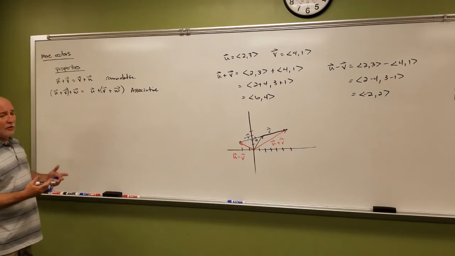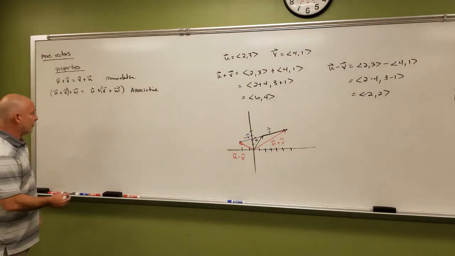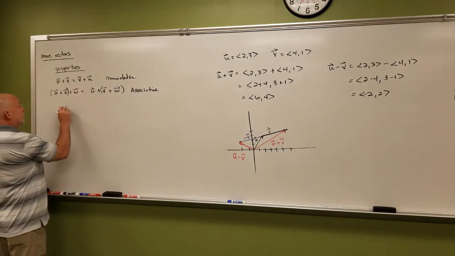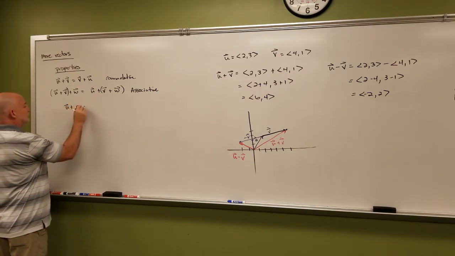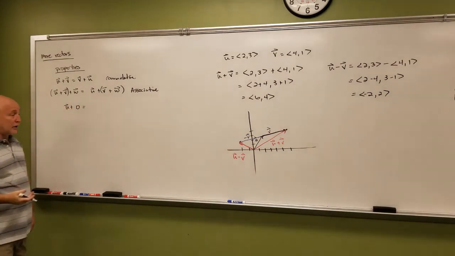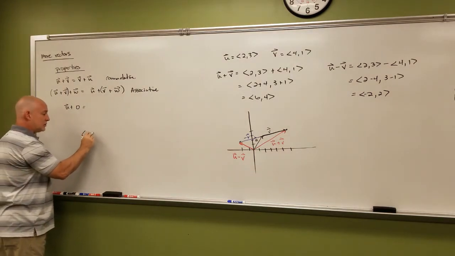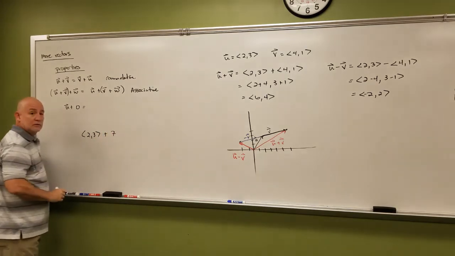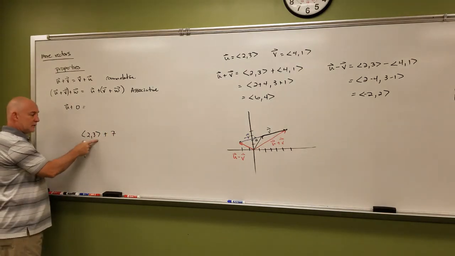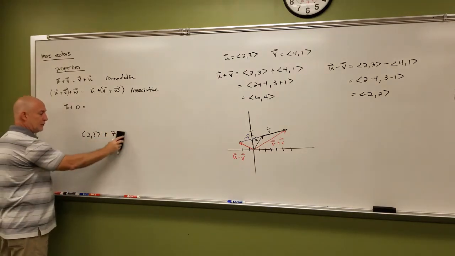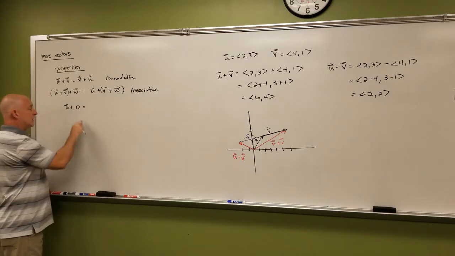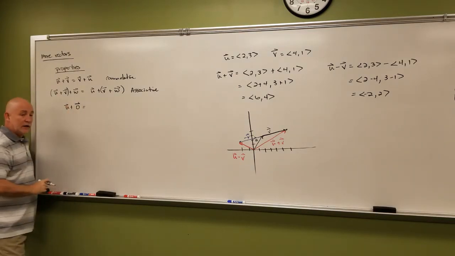Let's see a couple of the properties that you would recognize from regular old arithmetic. What happens if you take a vector and you add 0? Now, this is tricky because I can't add a number to a vector. It'd be kind of like saying I got the vector 2, 3 plus 7. That doesn't make any sense, right? This is completely different types of things. So this thing here has to be the 0 vector.